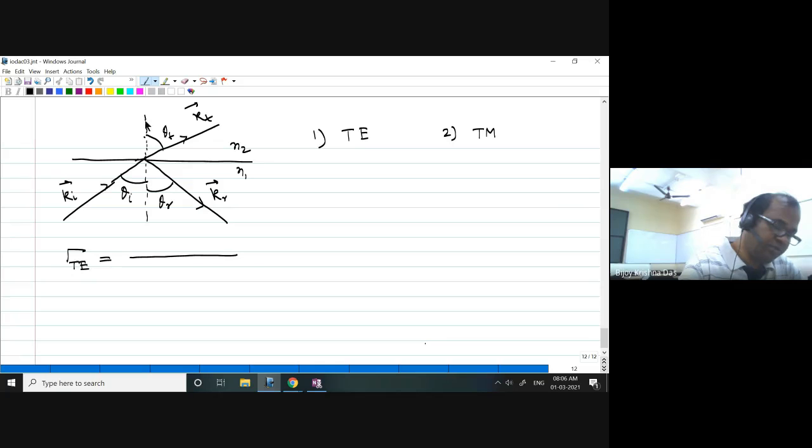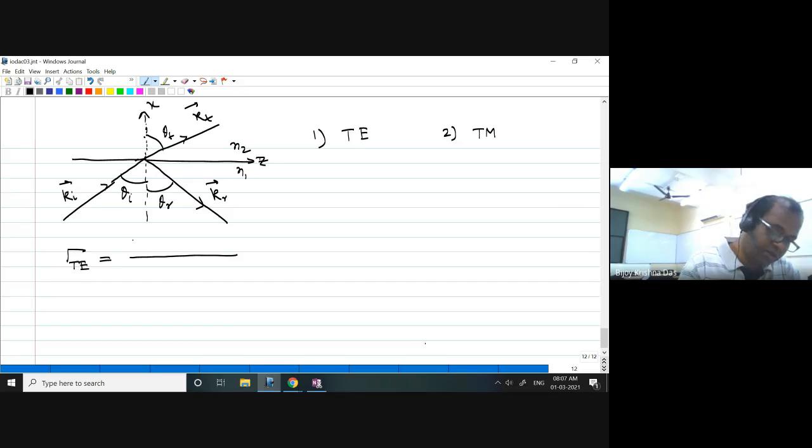You can imagine this is your x-axis and this is your z-axis. For reference purposes, we continue like this. If the electric field is perpendicular to the xz plane, then we call it gamma TE.